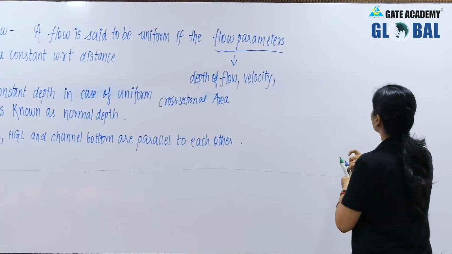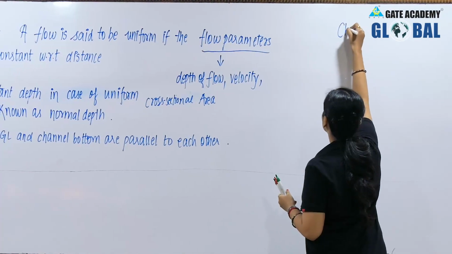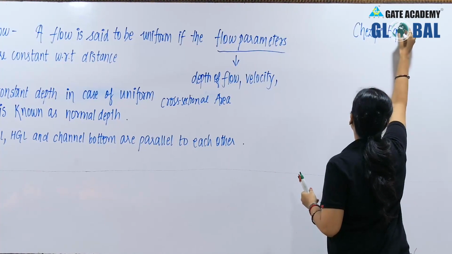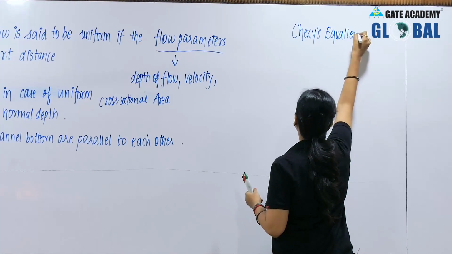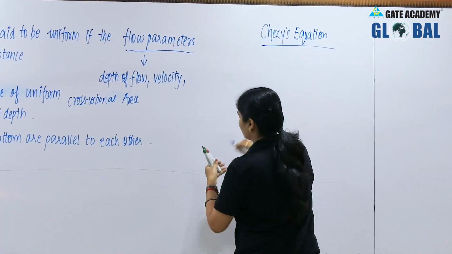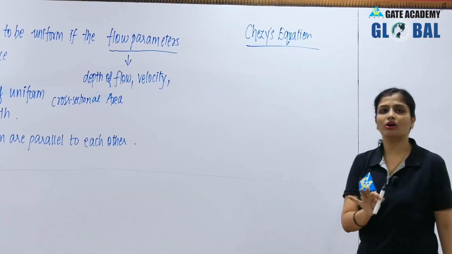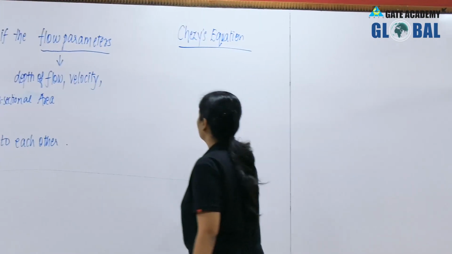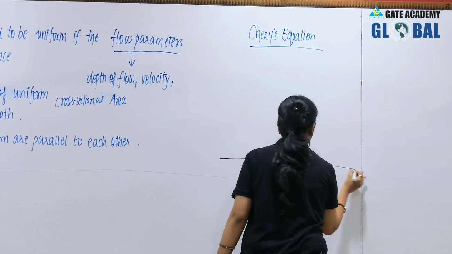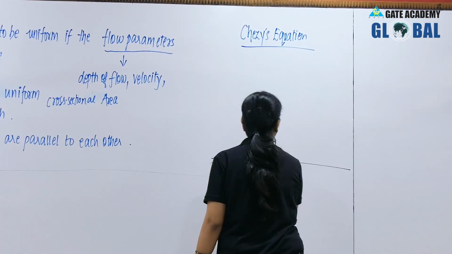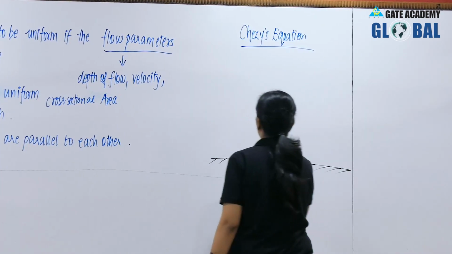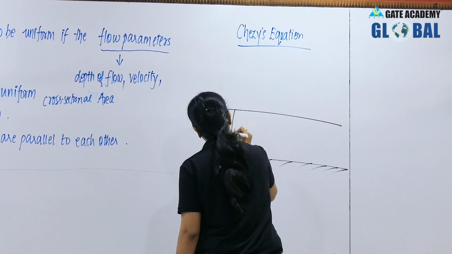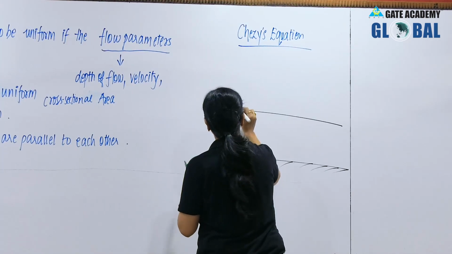So, Chezy's equation. I'll draw the same diagram which I had drawn while dealing with the momentum equation. Here, this is your channel bottom, and this is the hydrostatic pressure which is acting.